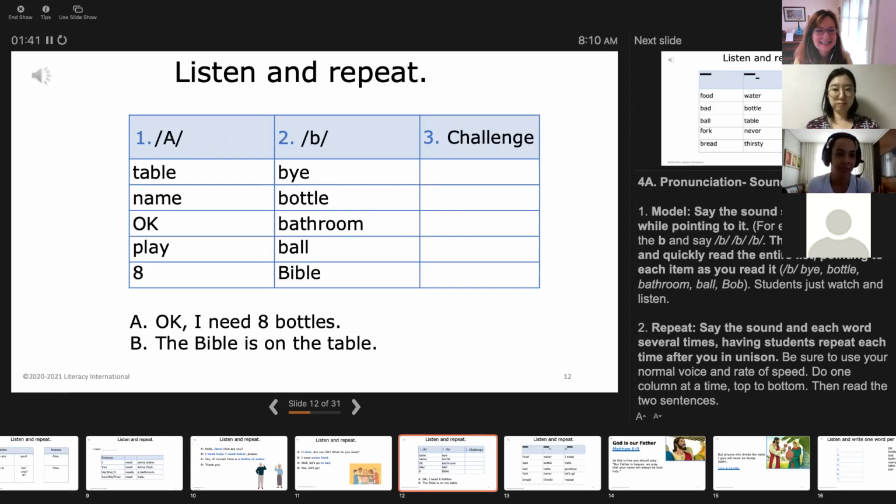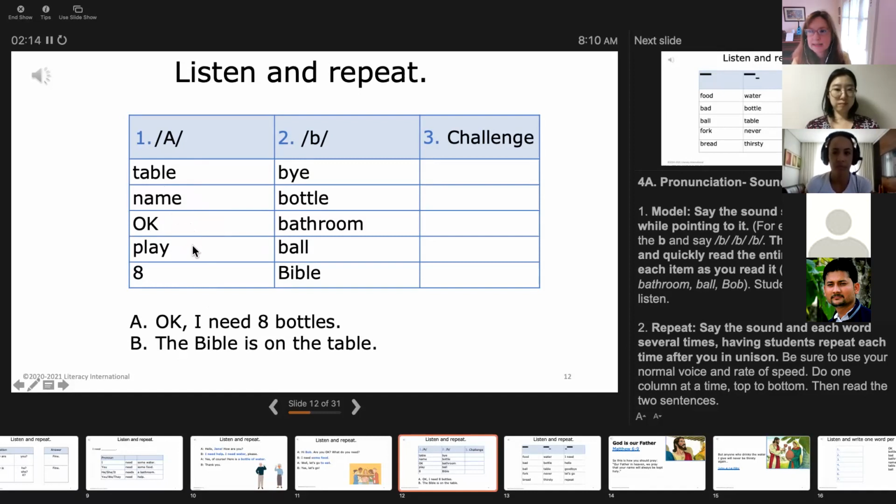All right. And now I'm going to read all of these words that have the A sound. And notice that the A sound is often spelled with the letter A. And so in this column, we have words that the students are familiar with. These are words that they've already been introduced to in the previous lessons. So we don't spend a lot of time talking about what these words mean.